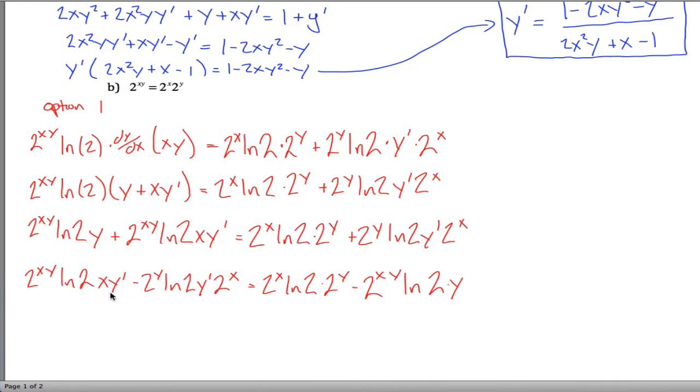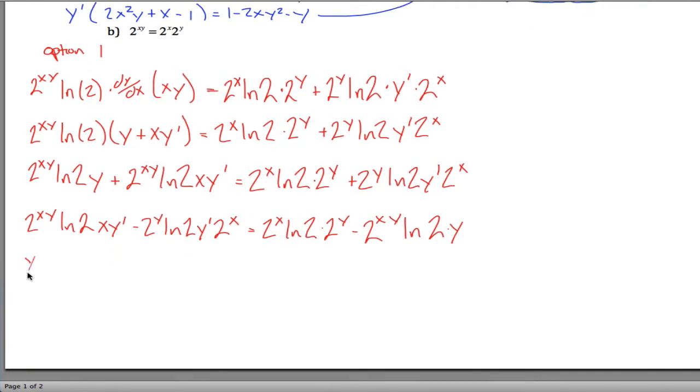Both of these terms have a y prime in them. You can factor out that y prime. If I factor it out, I'm left with 2xy. I kind of like my natural log of 2 to be at the end, so I'm going to rewrite this: 2xy times x times natural log of 2 minus, and then over here I got a 2y.